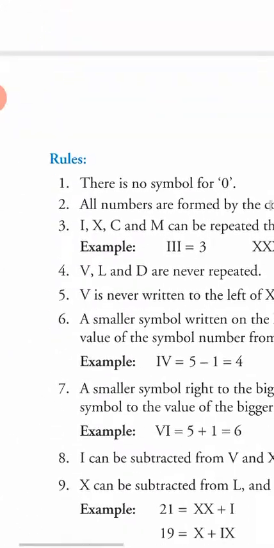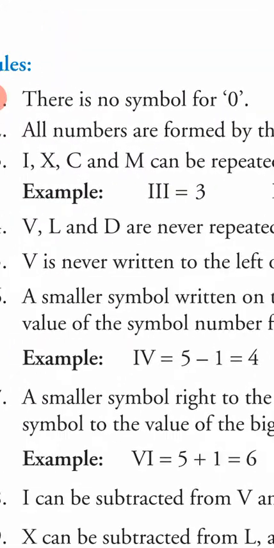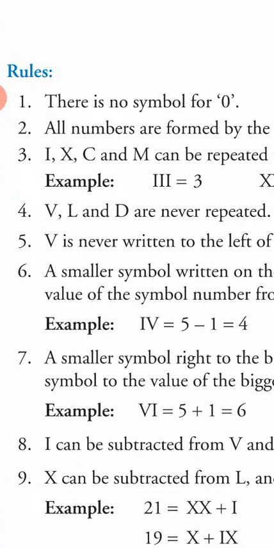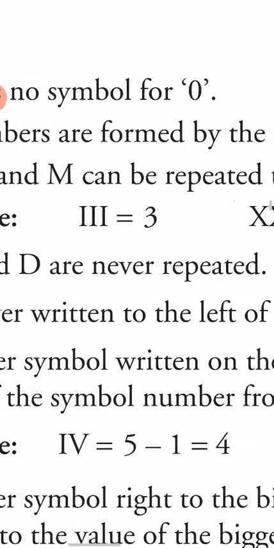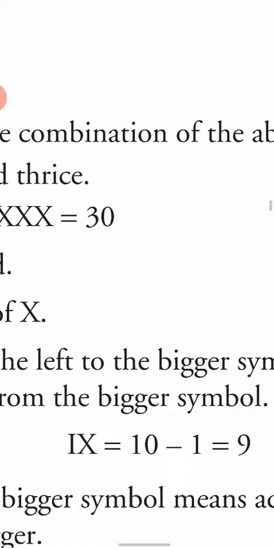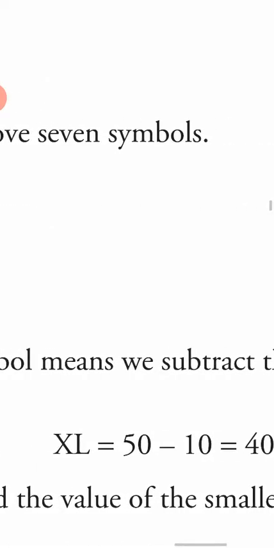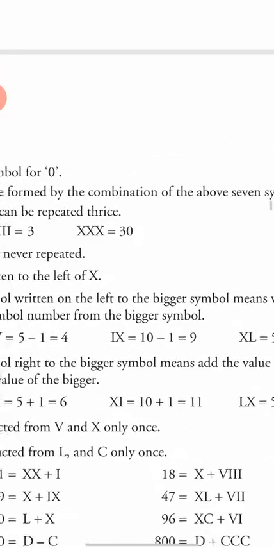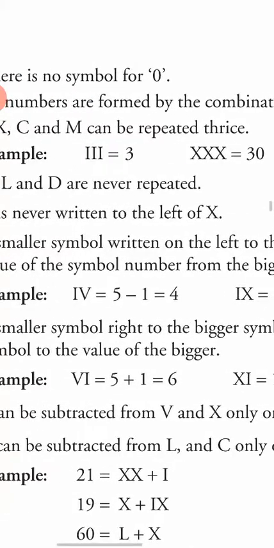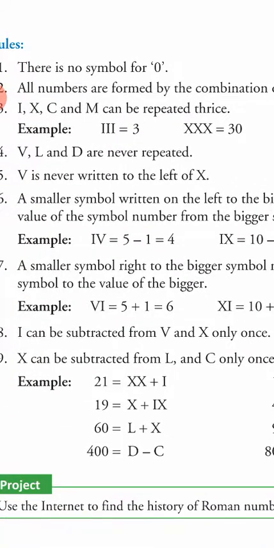And second, all numbers are formed by the combination of the above 7 symbols. Except these 7 alphabets, no alphabet will be used for writing any number.